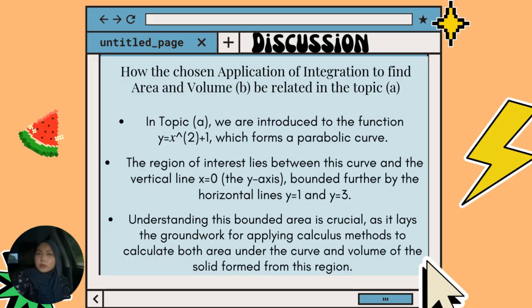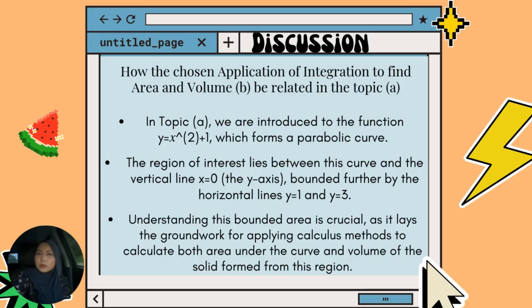First and foremost, in topic A, we are introduced to the function y equals x squared plus 1, which forms a parabolic curve. Second, the region of interest lies between this curve and the vertical line x equals 0 (the y-axis), bounded further by the horizontal lines y equals 1 and y equals 3.